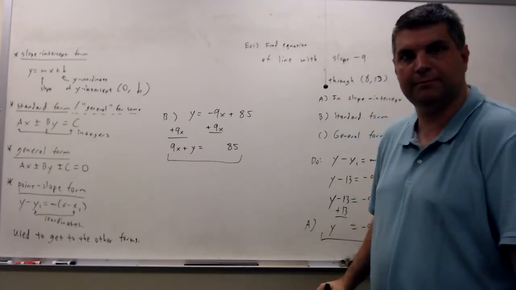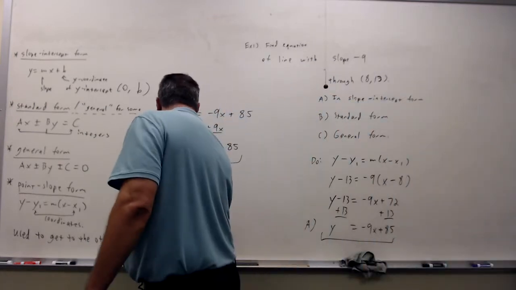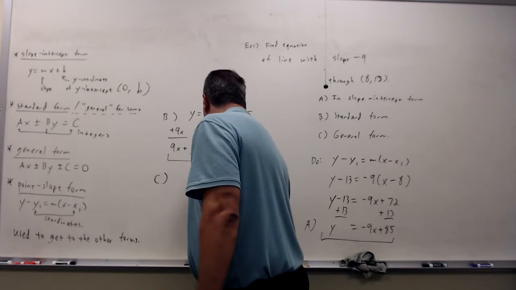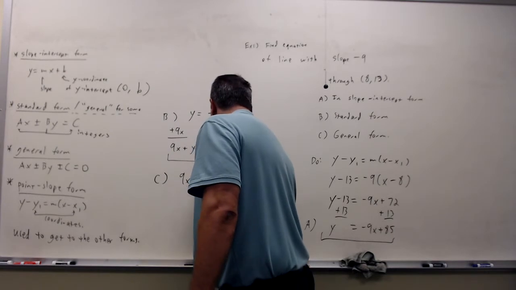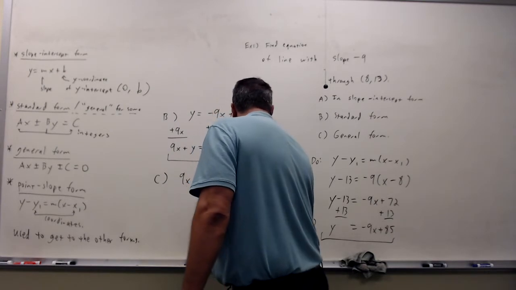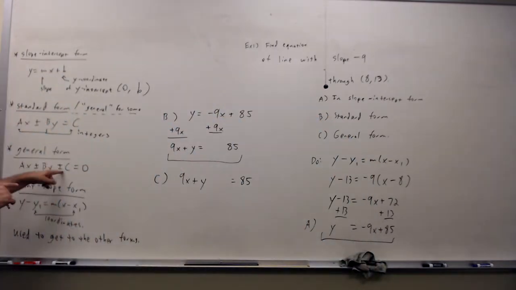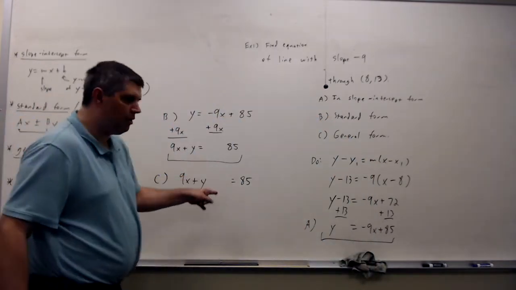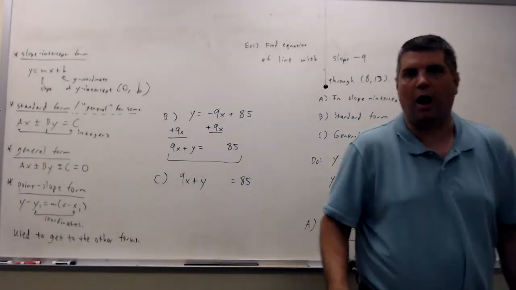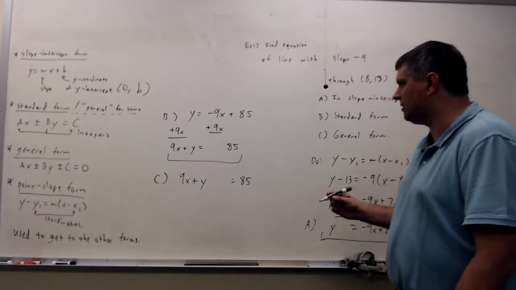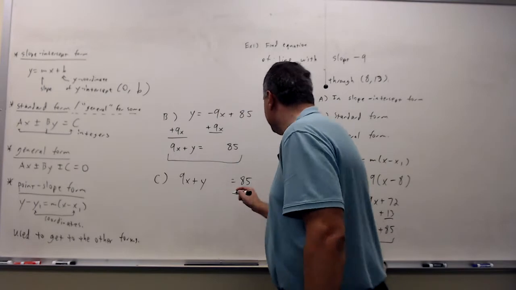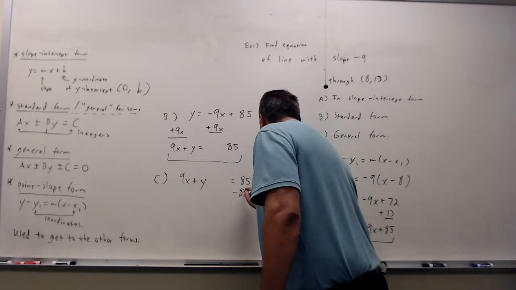All right? Finally, C. If you notice, you're going to need 3 terms and equals and a 0. So I left an extra space after the y. All I need to do to get them looking like this is subtract the 85.